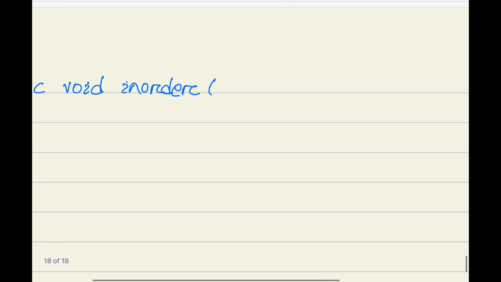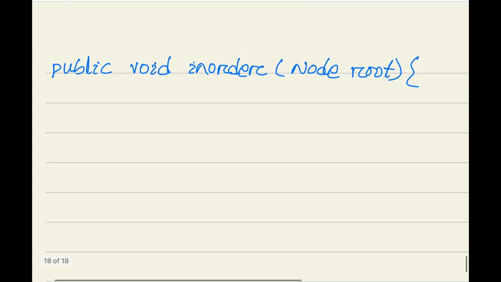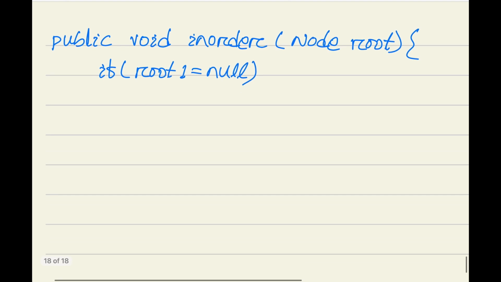So public void inorder, and we are taking the root as parameter, and here if root not equal to null, first we are going to visit the left subtree.